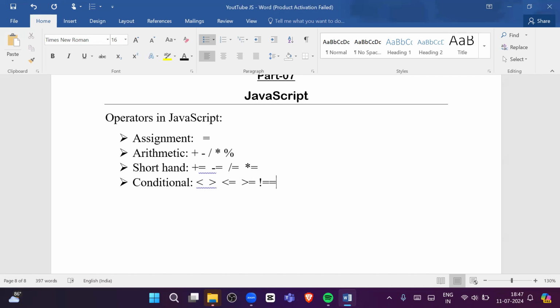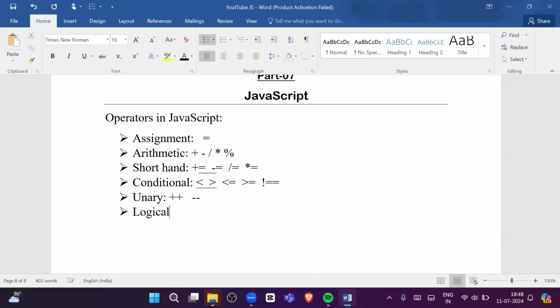These are the conditional operators. Whenever we need to evaluate some conditions in our projects, we use these conditional operators. Then we have unary operators. Unary operators are like increment, plus plus, and decrement, minus minus. These are unary operators.